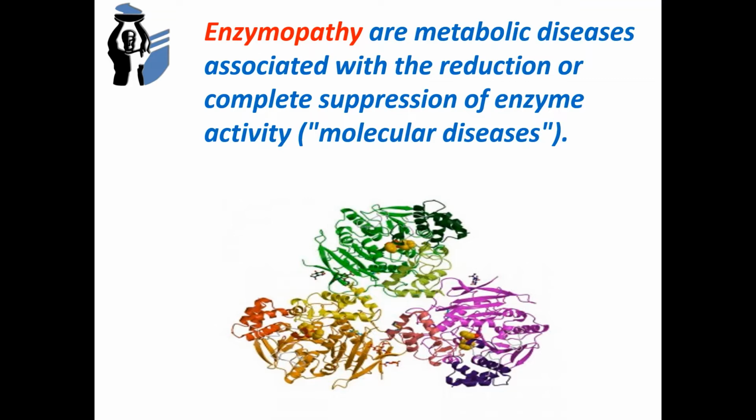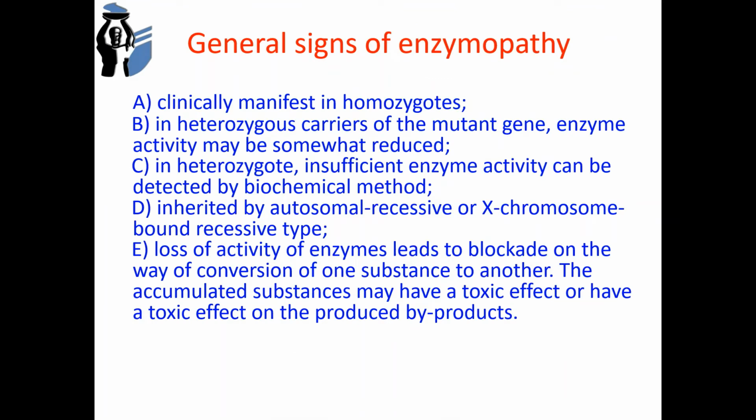The enzymopathies have several general signs. At first, they clinically manifest in homozygotes. And the next one, in heterozygous carriers of the mutant gene, enzyme activity may be somewhat reduced. And the next one, in the heterozygote, insufficient enzyme activity can be detected by biochemical method.